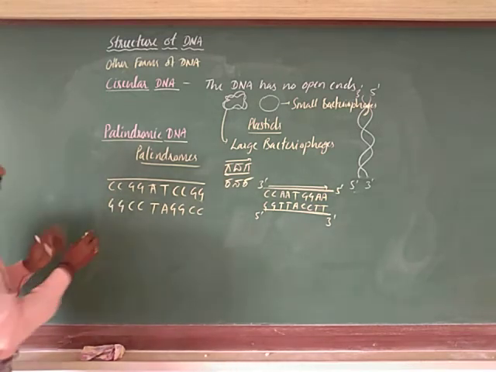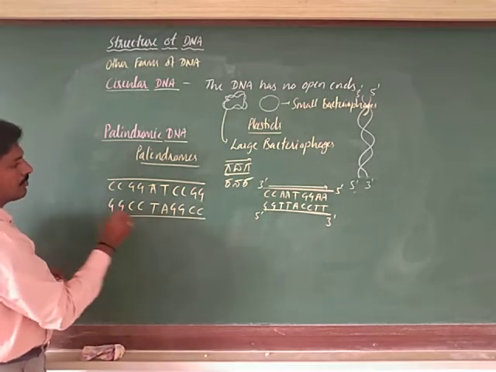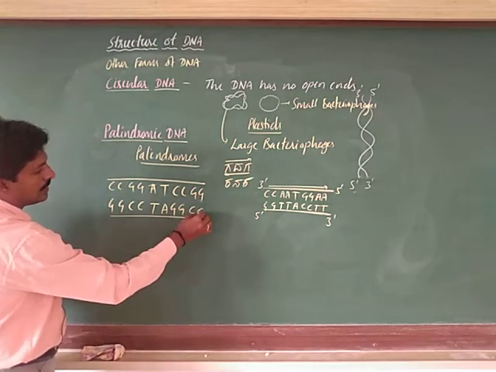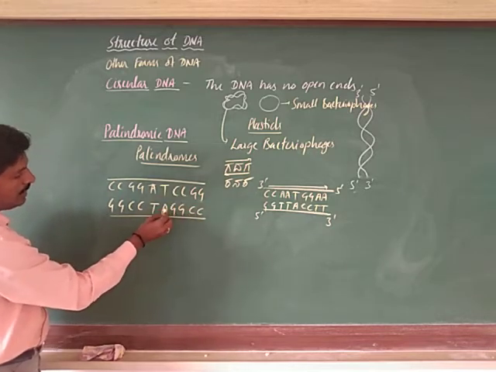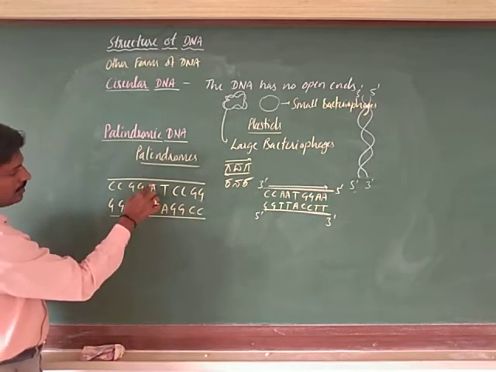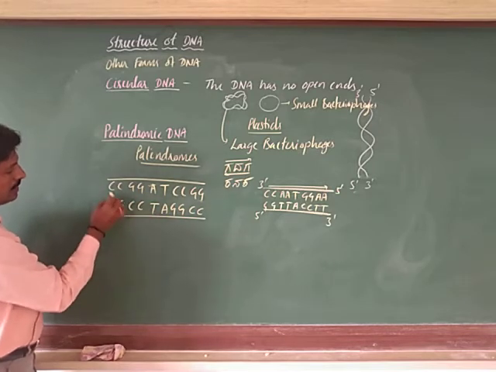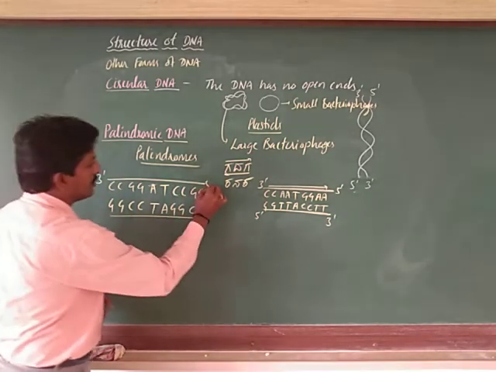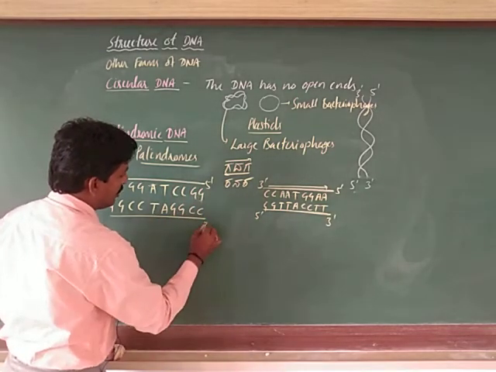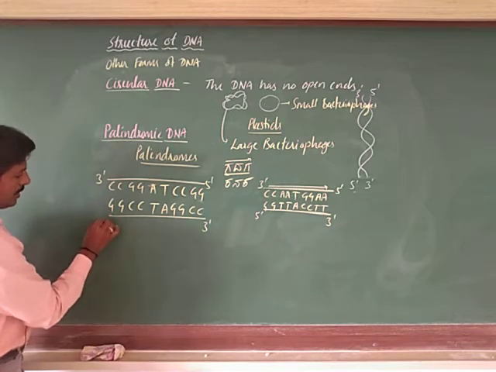See, when you observe this, this is another strand, this is one strand, GC, CG, CG, TA, AT, okay, GC, GC, CG, CG, okay, right. So, now 3rd prime is here and this side 5th prime is there, and opposite to that they are complementary, no, that is why you should take in this pattern only.